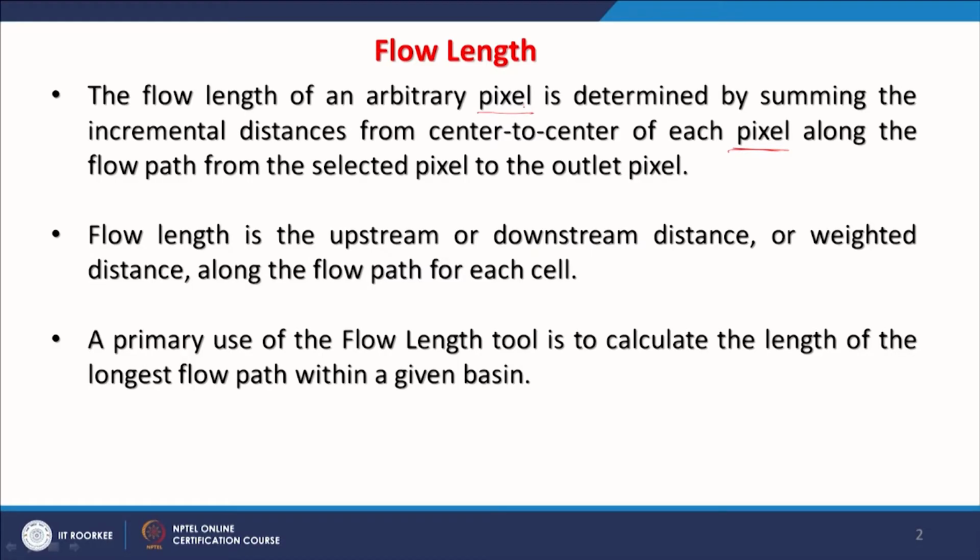Flow length is the upstream or downstream distance or weighted distance along the flow path for each cell. The primary use of this flow length derivative is to calculate the length of the longest flow path within a given basin, because this is very helpful while doing the modeling for floods. How much time water will take to reach the outlet or any other location within a basin depends on the flow length, how much distance it has to travel.